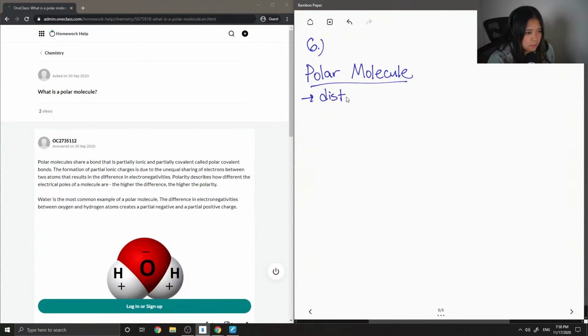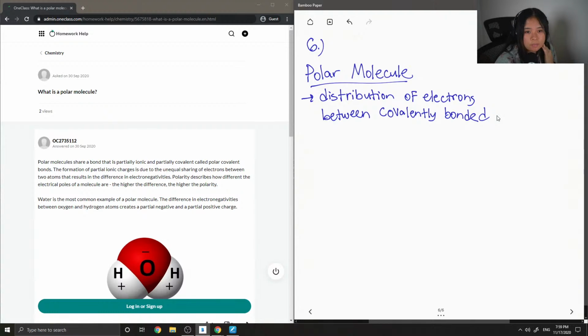So this is when the distribution of electrons between covalently bonded atoms is not even.